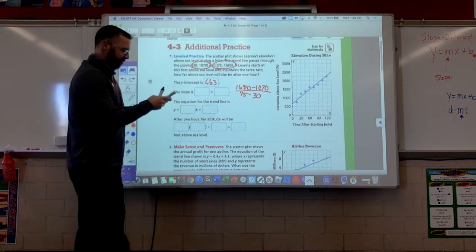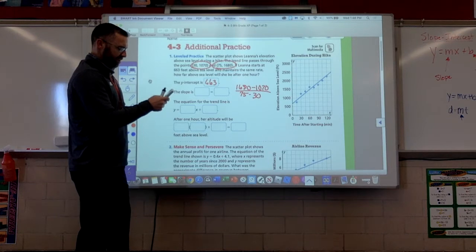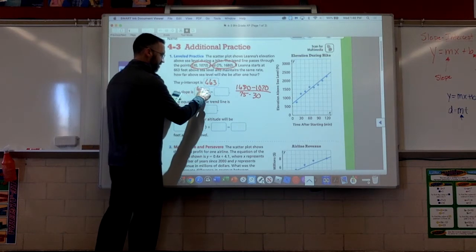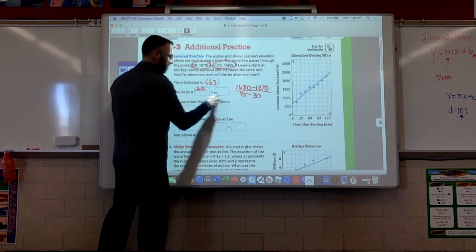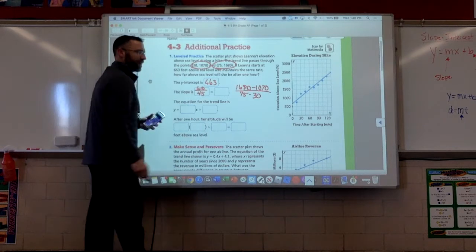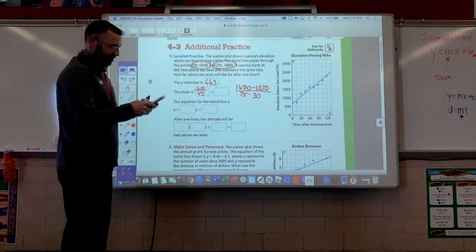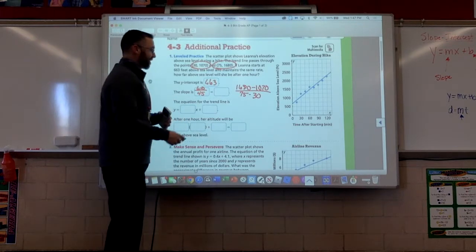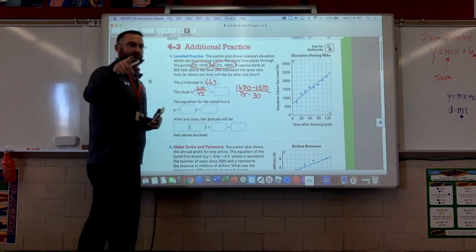Okay, well, let's do some math. 1,680 minus 1,070 comes out to be 610. 75 minus 30 is 45. I can do that in my brain. We take 610 divided by 45. Your slope is not a good number. Do you want to write it as a fraction?